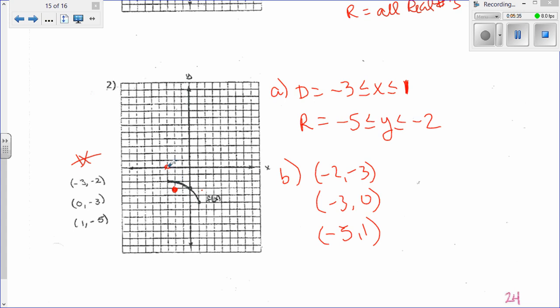And then (-5, 1). And I connect my points. Sorry, it's hard on the screen. The best I can. And it kind of looks like a bird flying away.